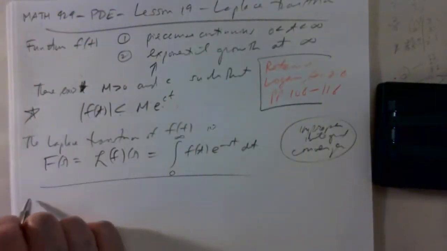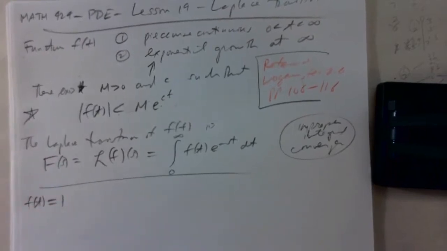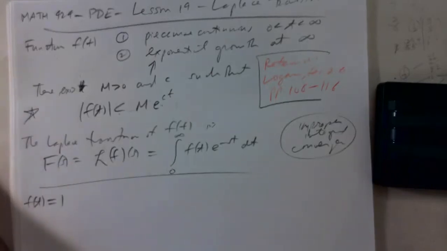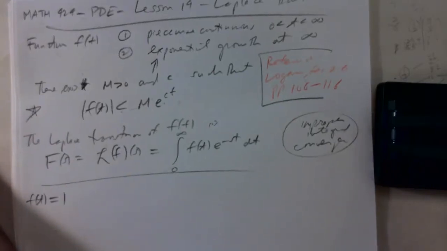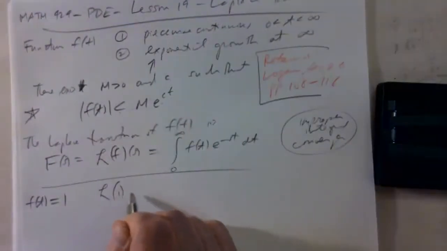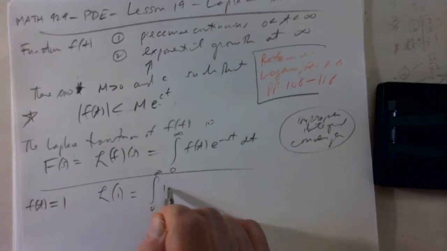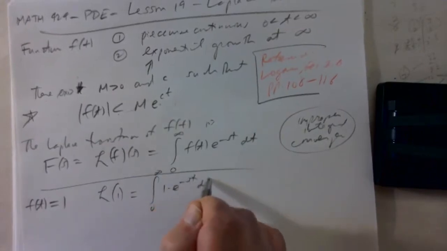So for example, suppose we take the function 1. The Laplace transform of 1 is the integral from 0 to infinity of 1 times e to the minus st dt.